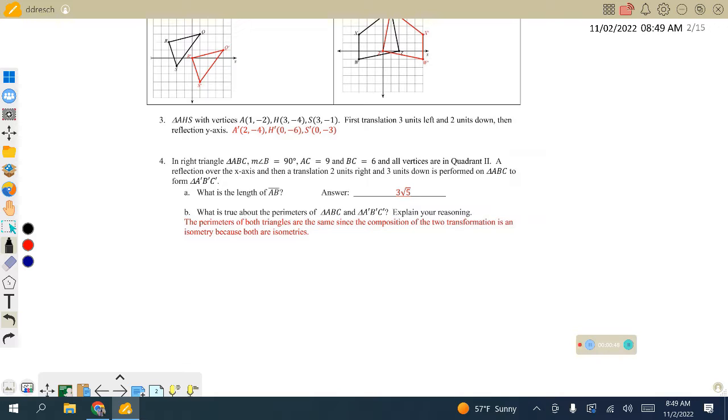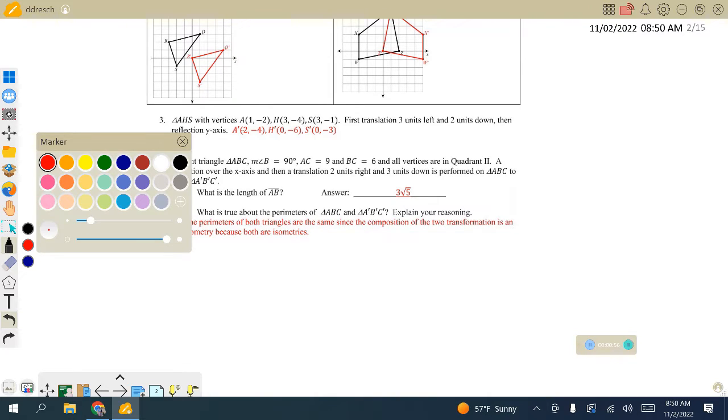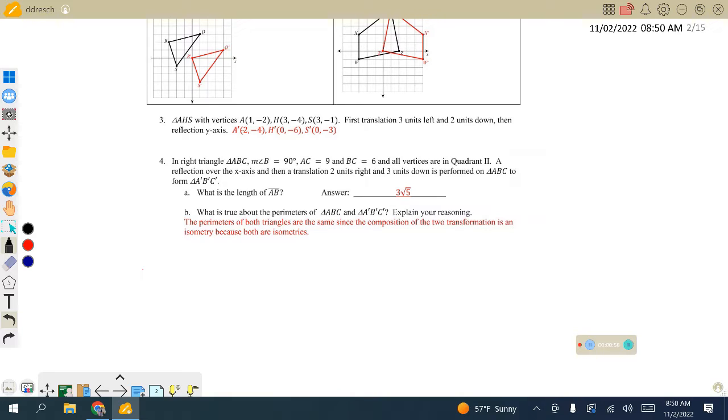That should be a -2 here anyway, shouldn't it? Yeah, it should be a negative there. So 3 units left, that's the x-axis, so we're subtracting 3, and that should have been a -2 off of that one. And then we go 2 down, that's the y, -4.